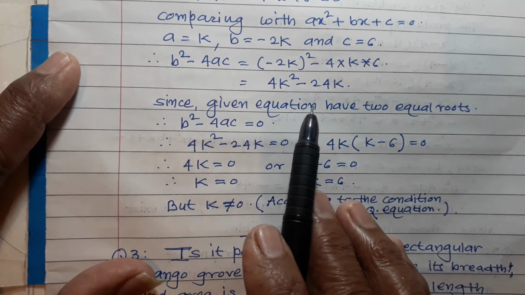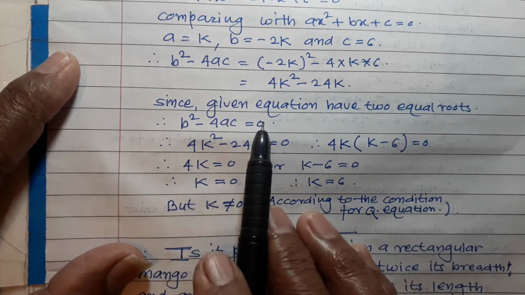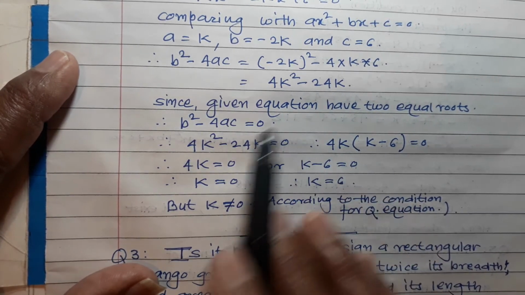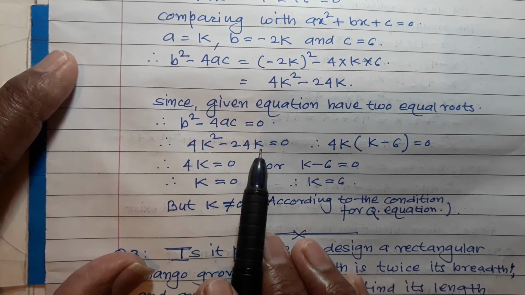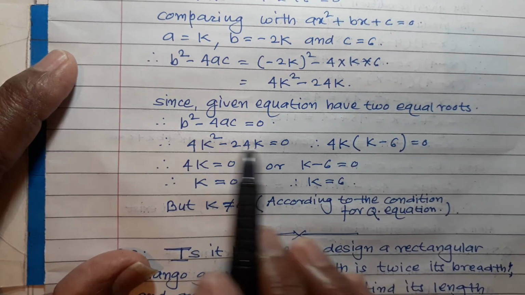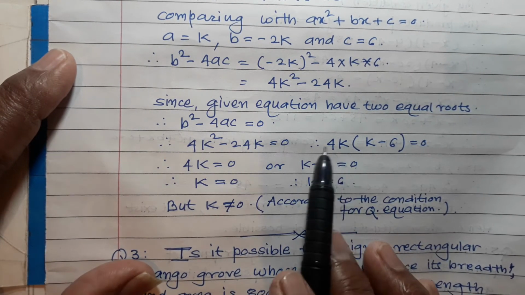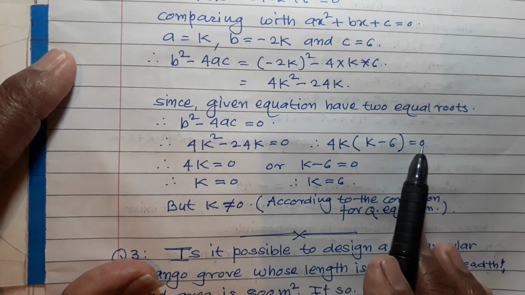Since the given equation has two equal roots, b square minus 4ac is equal to 0, and therefore 4k square minus 24k is equal to 0. And therefore now here you take 4k common: 4k into bracket k minus 6 is equal to 0.